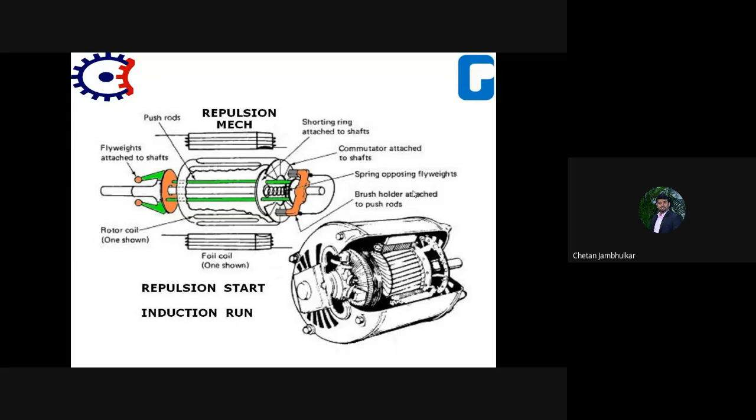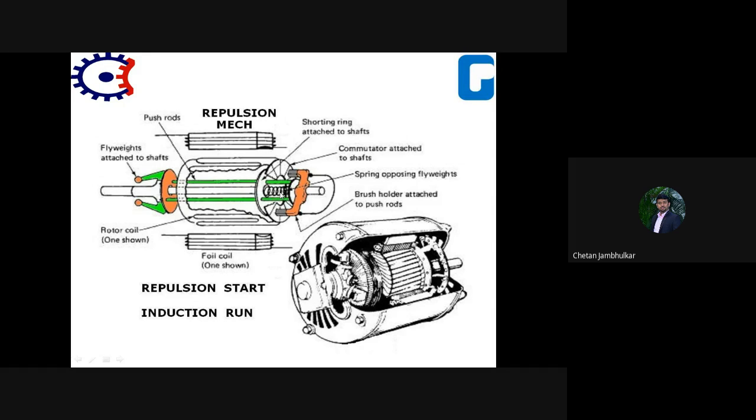So here the repulsion mechanism is there. This is the push rod, this is the flyweight attached to the shaft, then this is the rotor coil which will be rotated, and then this is the field coil, and this is the shorting attached with the shaft, and this is the commutator, and the commutator is connected to the shaft.